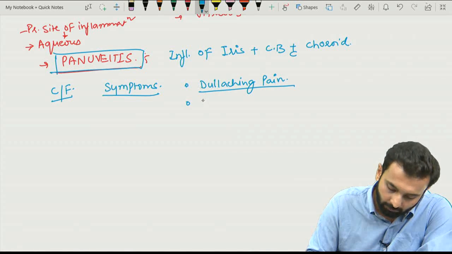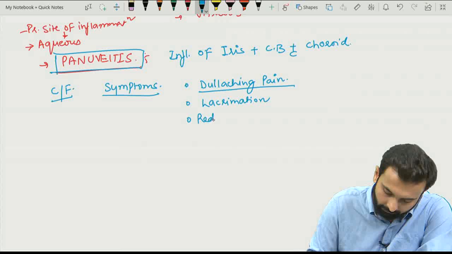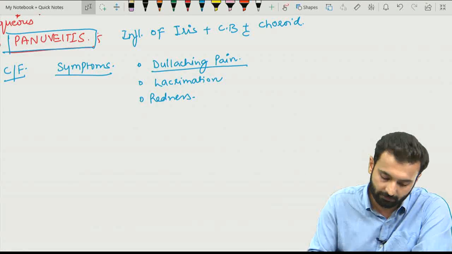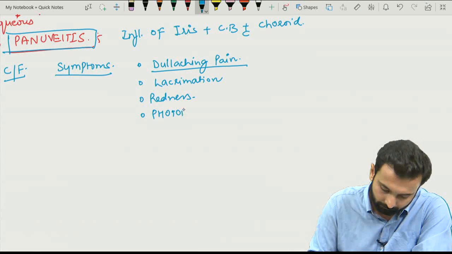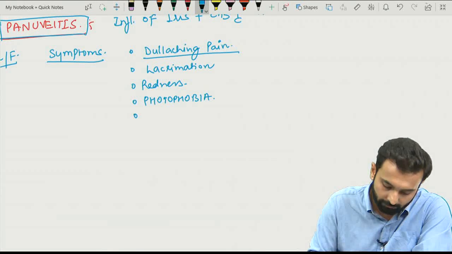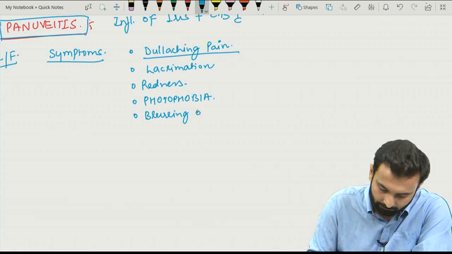The patient will also complain of redness, lacrimation and photophobia, along with blurring of vision.